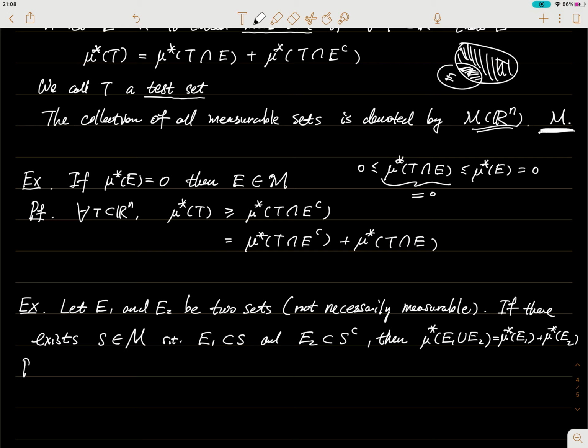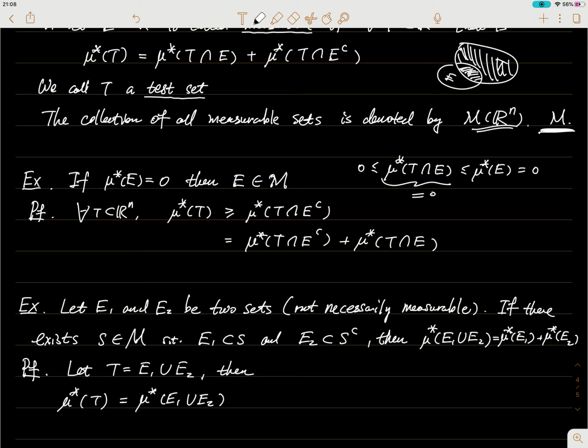But if these two sets can be separated by a measurable set, then this will hold. The proof is very simple. We just let the test set t be E1 union E2. Then we know that the mu star of t is equal to the mu star of E1 union E2.